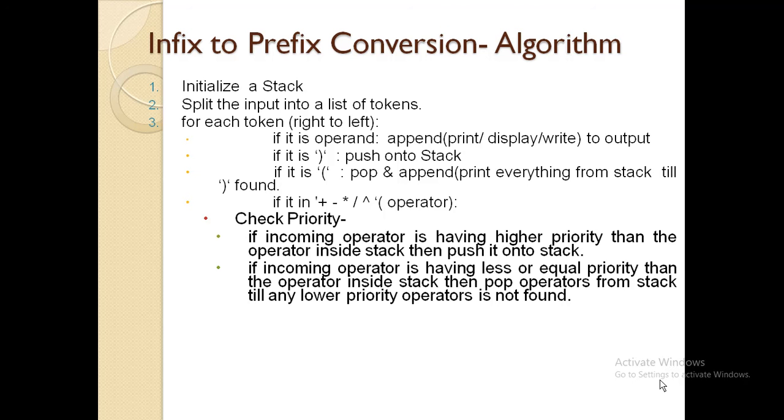If it is a closing bracket, push it onto the stack. If it is an opening bracket, pop and print everything from the stack till you find the closing bracket. Don't write the closing bracket onto the output.